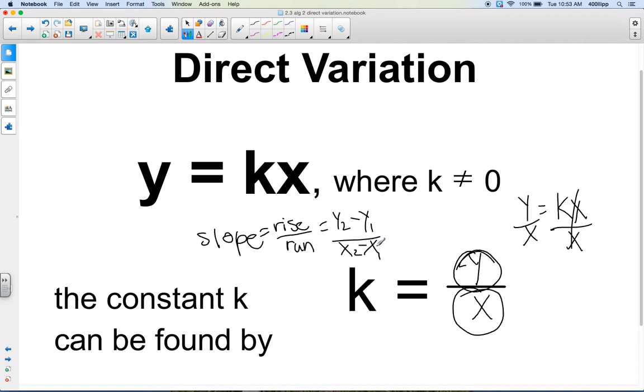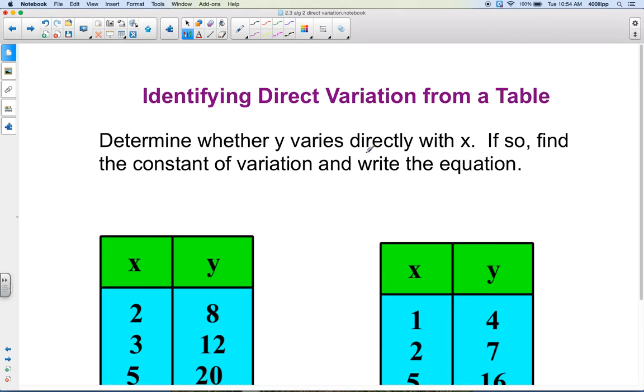So this isn't a new equation. What it's doing though is, since we know for a direct variation we're using the origin 0, 0, there's nothing to subtract here. If this is a 0 and this is a 0, then it's just dividing your y over x. And in the end, you really only need 1 point to find your direct variation because you already have this other point here.